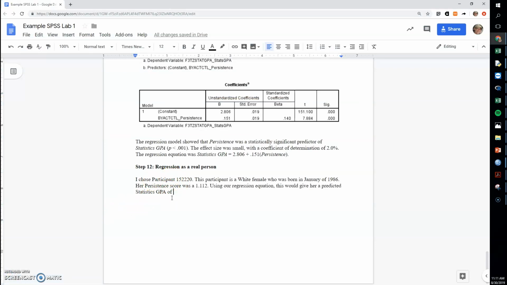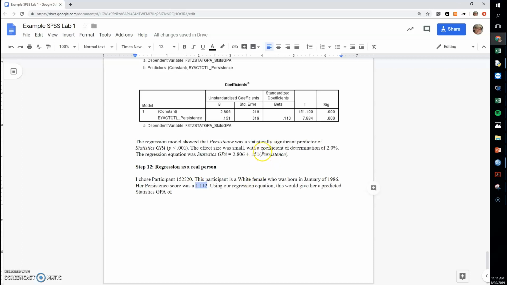We want to get her predicted GPA now. Again, her persistence score was a 1.112. That was her actual score. Using this equation that I came up with here, we can get her predicted statistics GPA by taking 2.806 plus 0.151 times 1.112. We're basically just subbing this number in for persistence.